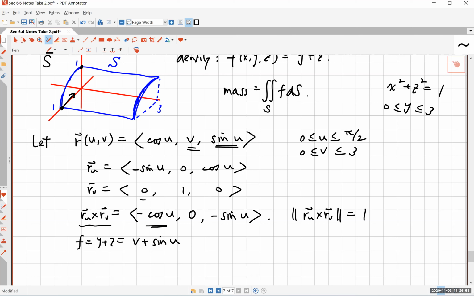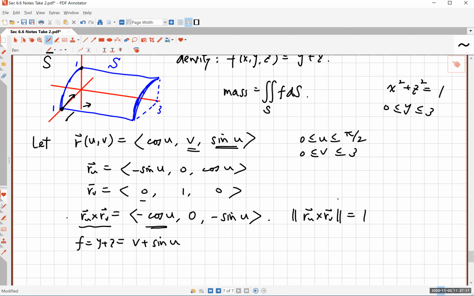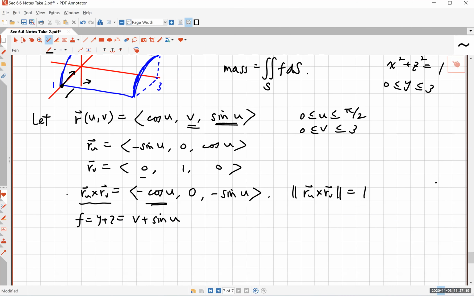You are not doing this at this point, but if you were calculating the flux, it's going from this side over to the opposite side of S. That would be the orientation of this normal vector. It would be important to note which orientation you are taking. But anyway, this is my real valued function f.